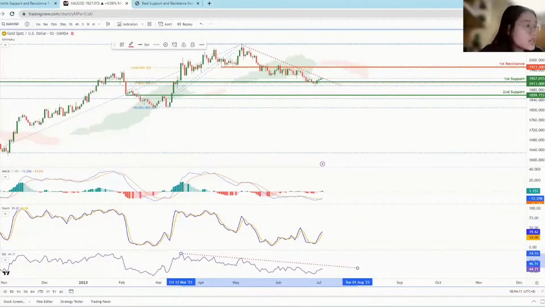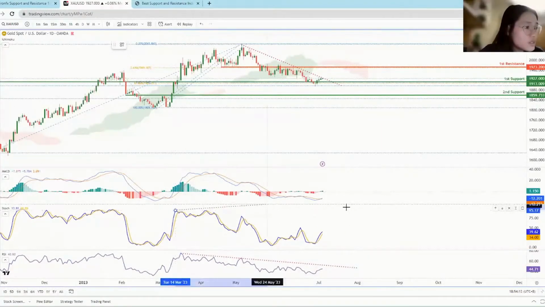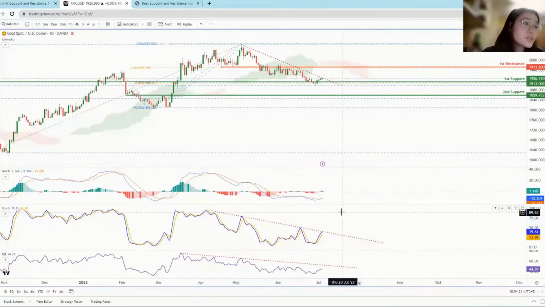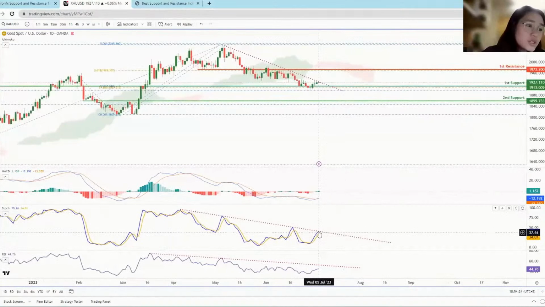Okay, and on our stochastic, as well. Okay, so on our stochastic, it shows that price is likely to reverse off of the trend line. So that's what we can expect as well over here.